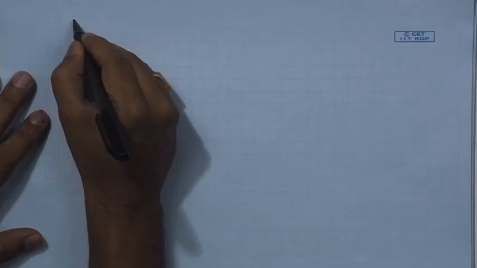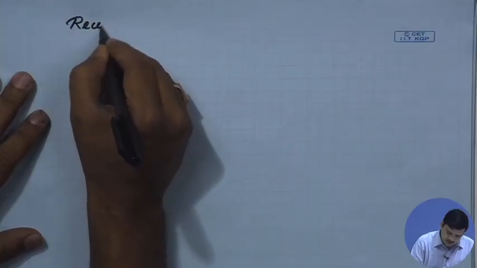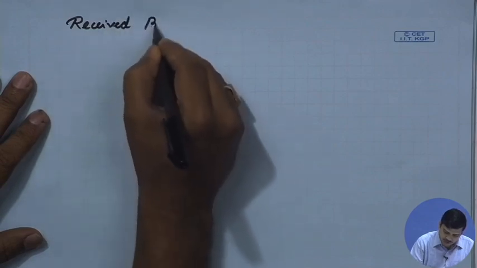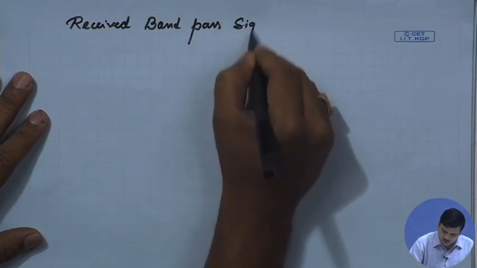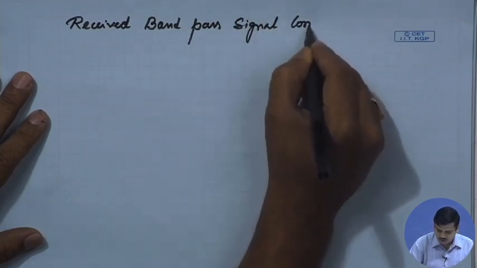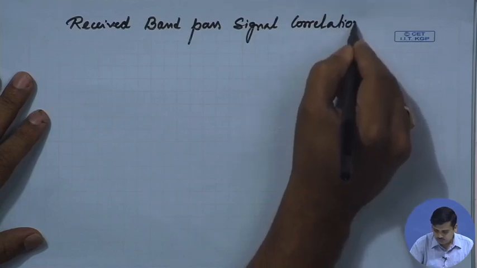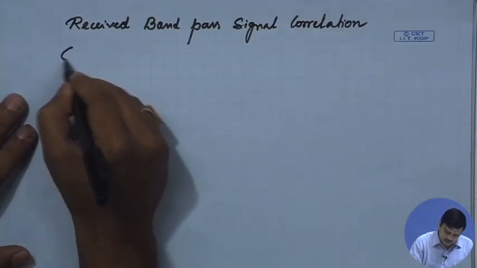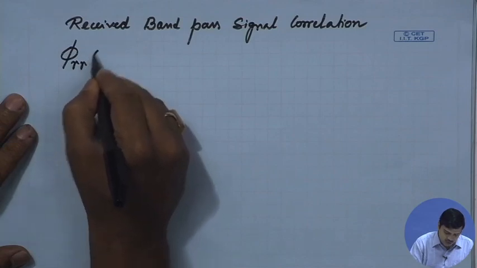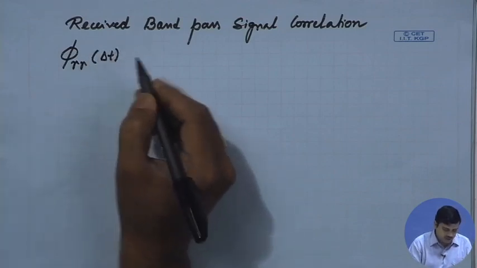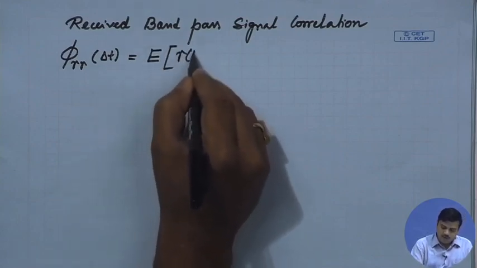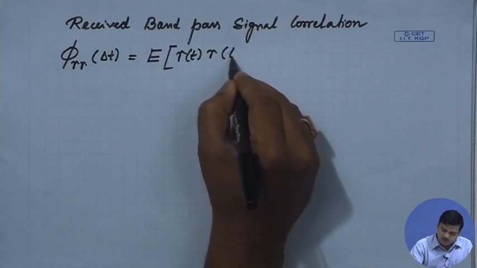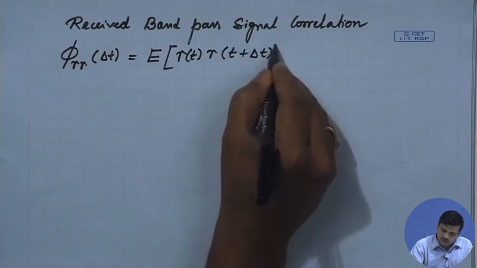So, if we look at the received band pass signal correlation, we could write phi of r r of delta t is equal to expected value of r of t times r of t plus delta t.